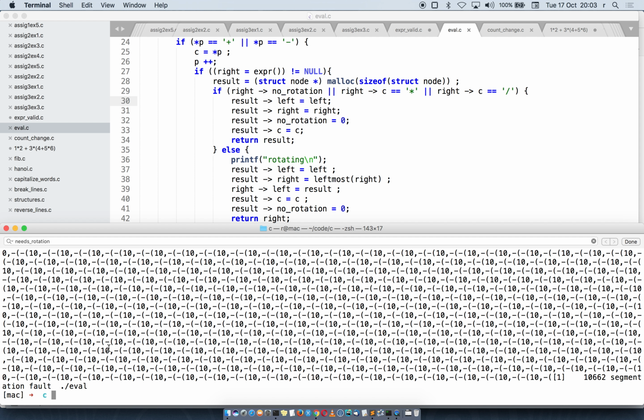Okay, so the terminal has crashed. I hope it's not the machine. No, the machine is fine. Okay, terminal has crashed.